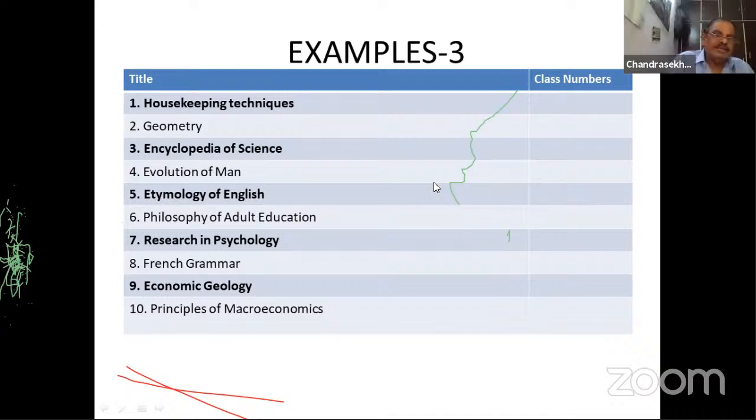So a dictionary of macroeconomics. Suppose there is a title like dictionary of macroeconomics. What is the number? Here there are already principles of macroeconomics.